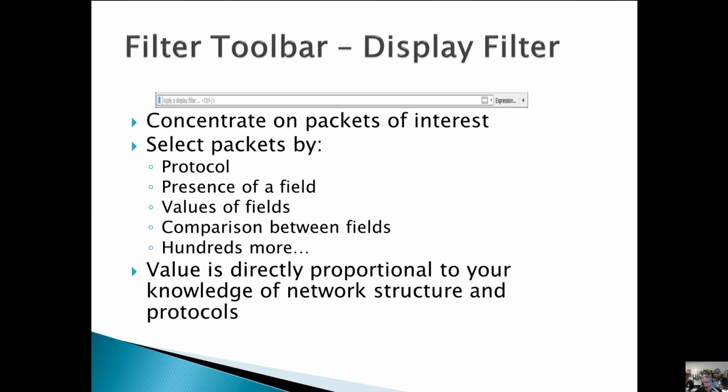You can compare fields. The list just goes on and on. There's an expression builder here that allows you to start creating your filter by going through various selections, and after a while you get good enough that the ones you tend to use, you just type them out directly.